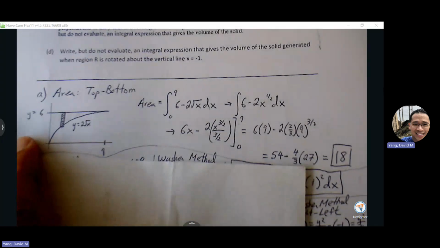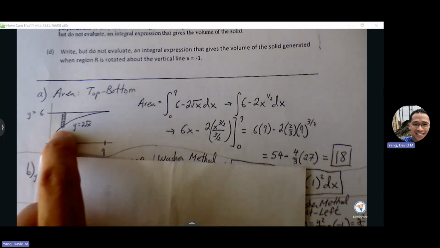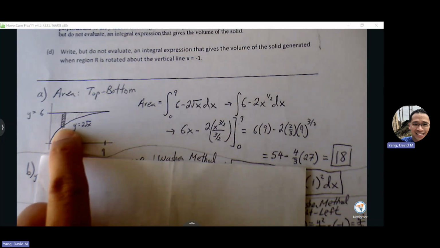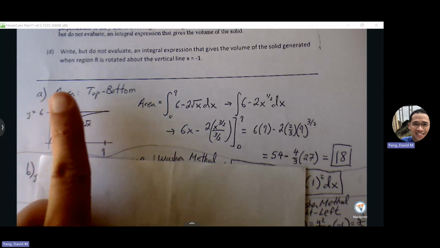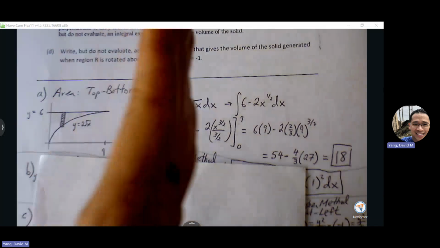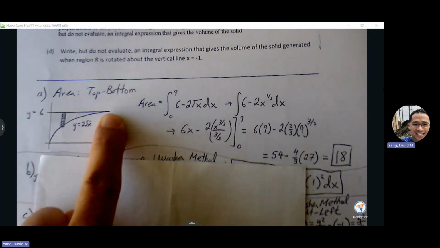So for part A, we just want to build our vertical rectangle here, and we're accumulating these rectangles from the left end to the right end, and it goes as far right as 9.